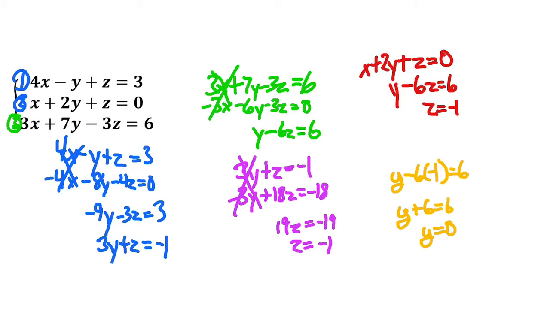Now that I know y is 0, I'm going to go back up to our first equation and write x plus 2 times 0 is 0, but then remember, z is negative 1, equals 0. So at that point, x minus 1 is 0. If I add 1, x equals 1, meaning our final answer ends up being 1, 0, negative 1.